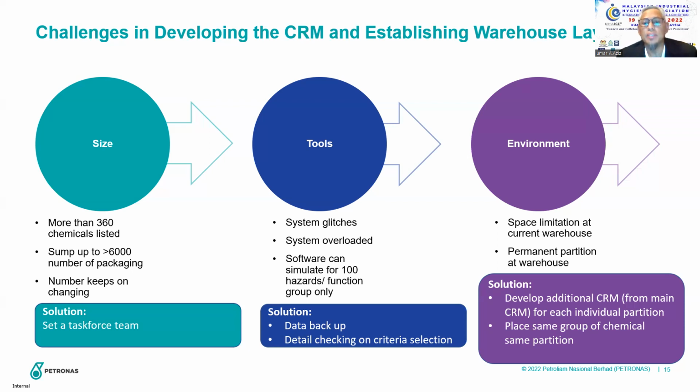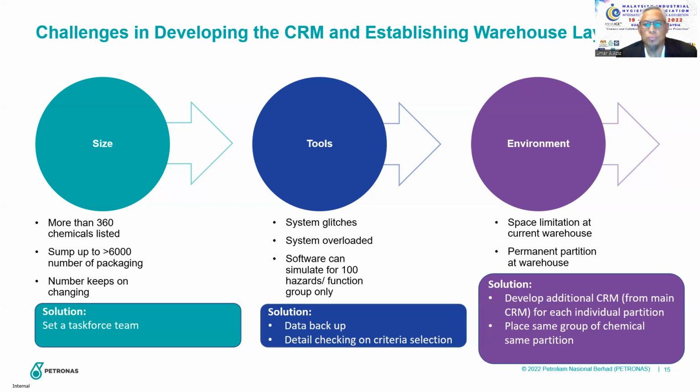In terms of environment challenges, we have space limitation at the current warehouse, meaning to say the current warehouse was already built before we developed the CRM. So the warehouse comes with permanent partitions with different sizes, different levels, different ventilations and all that.